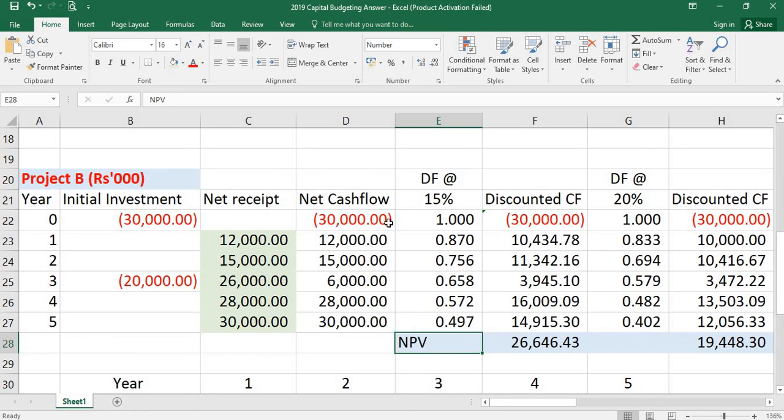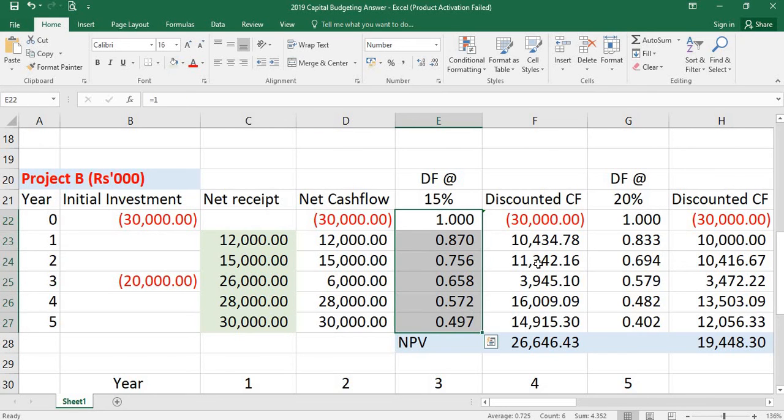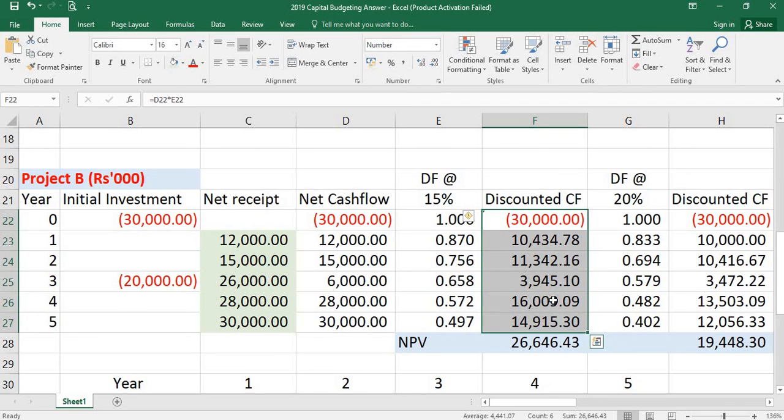If you multiply the net cash flow by the respective discounting factor, you get these values. The total cash inflow is 56,646.43.